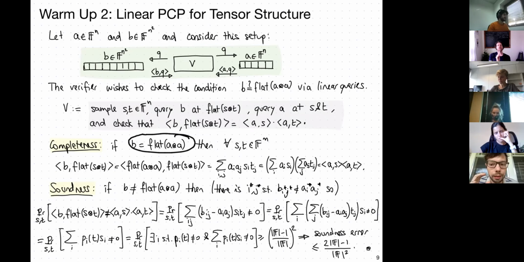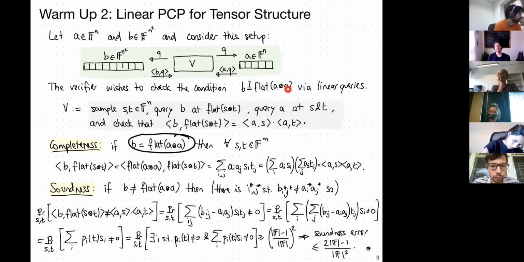Yeah, I guess what is happening is, first, in the next slide we'll see how to deal with quadratic equations in the general form. But here what I'm saying is I'm taking this vector a, and I'm looking at the purported tensor product of A with itself.